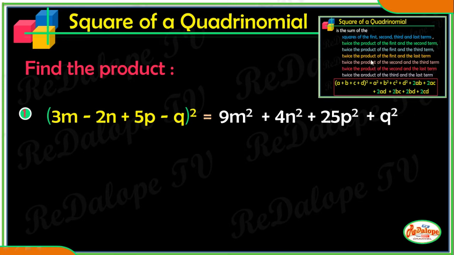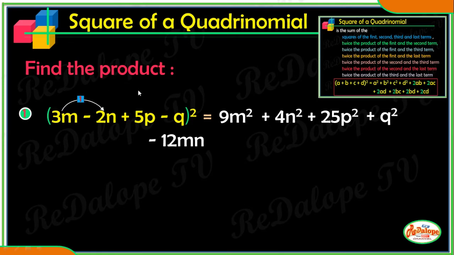Now to find the fifth term, that is twice the product of the first and the second term. So we have the first and the second term, then multiply it by 2, so we have 3m times negative 2n, so that is negative 6mn times 2, so that is negative 12mn. And then for the sixth term, we have twice the product of the first and the third term.